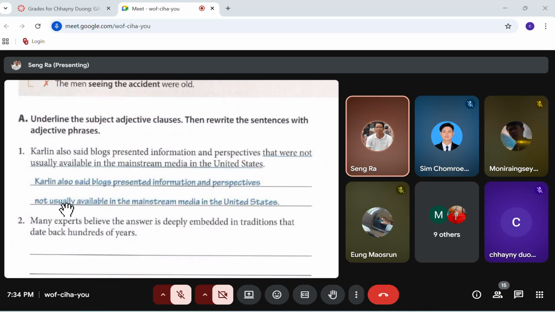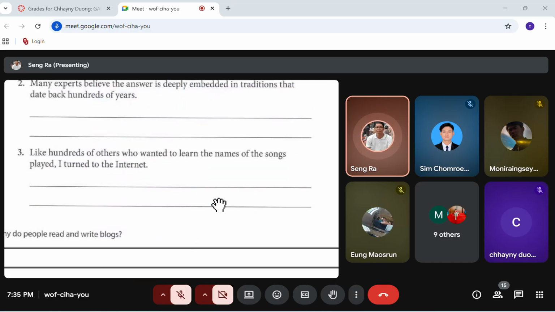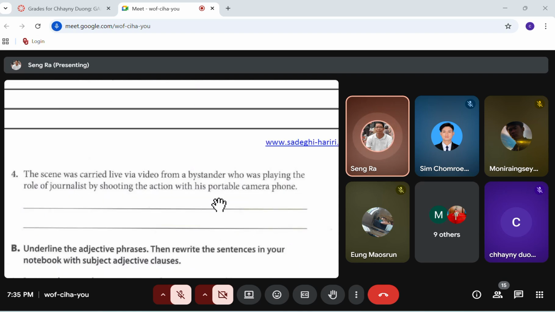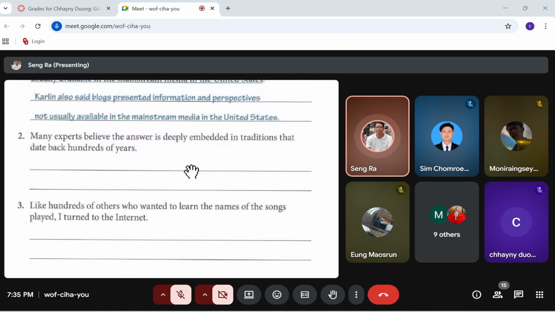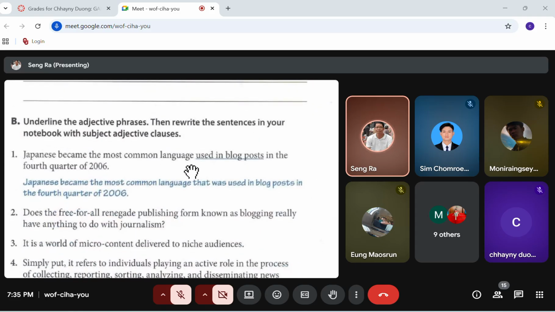If it were positive, you can say usually available in. But if it's negative, you say not available. So I hope you can do this for the sake of your understanding, everybody, just to do it later on. I'm not going to take long for this.